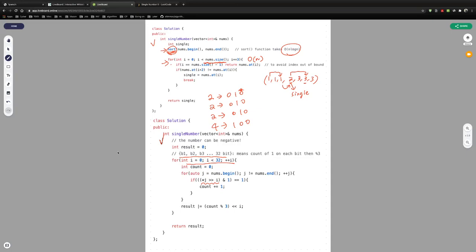We right shift by 0 bits, so it stays the same. And we can use AND 1 to check whether the bit is 0 or 1. If the bit is 1, AND with 1 will become 1. So it means that the bit is 1 and we just add 1 to the count, because there is a 1 bit.